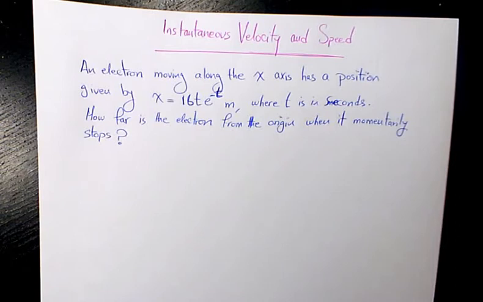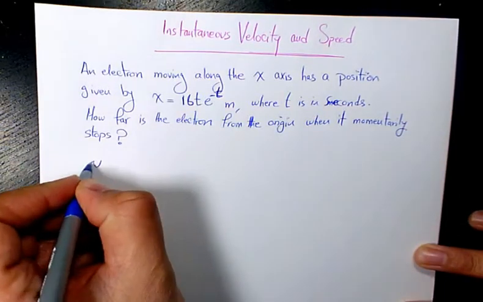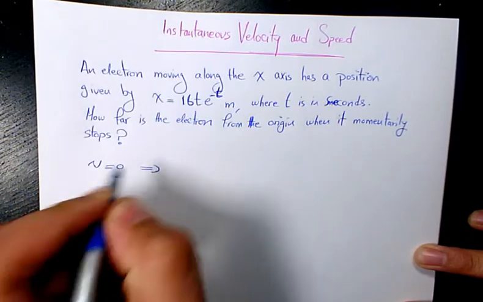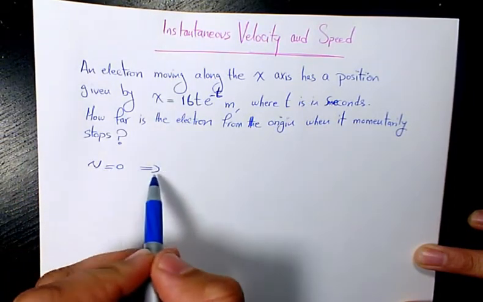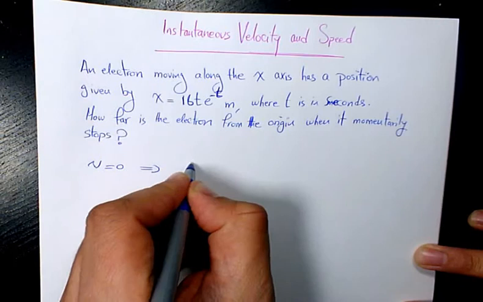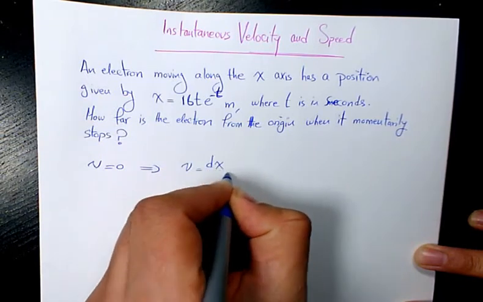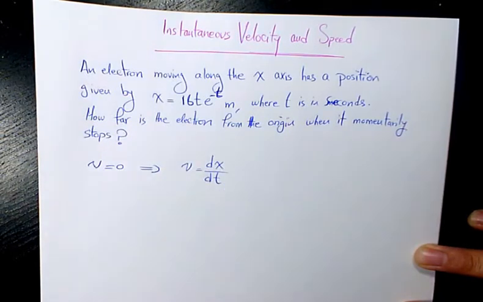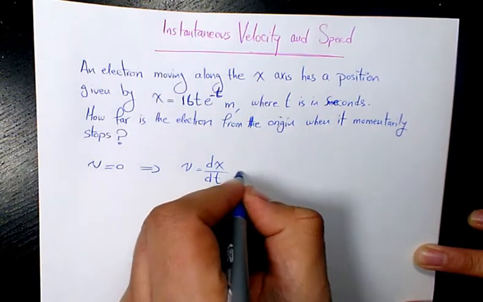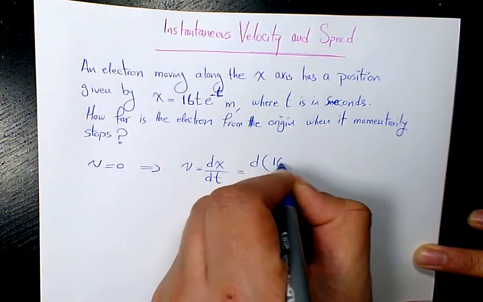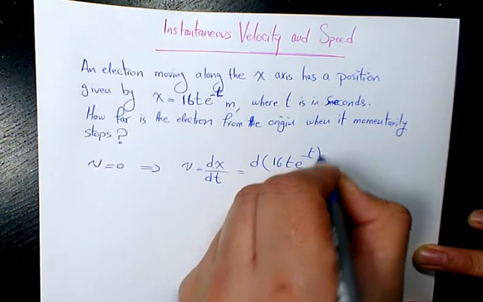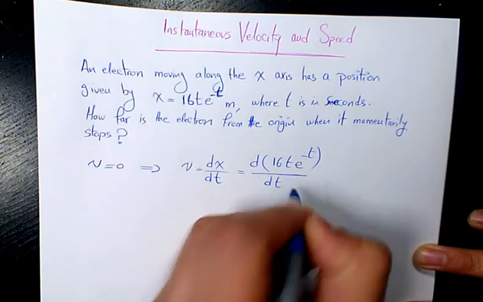When it says stops, it means that the velocity is zero. So we need to find out at what time velocity will be zero. As you know, velocity is dx over dt, which is the first derivative of x. So we need to find the derivative of 16t e^(-t) with respect to t.